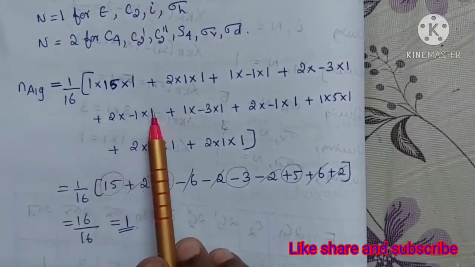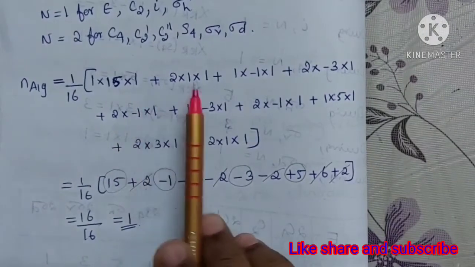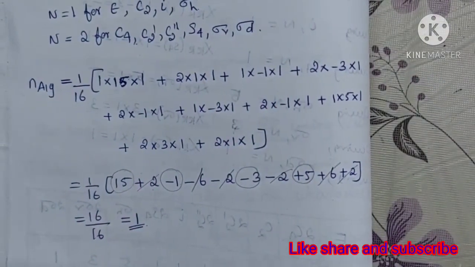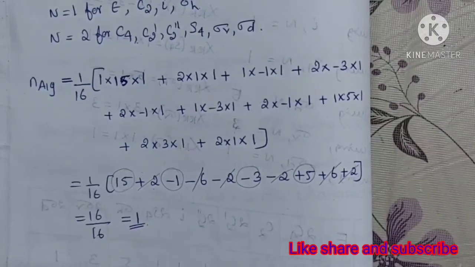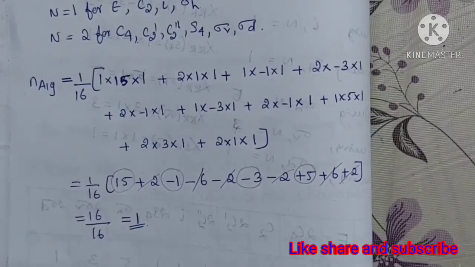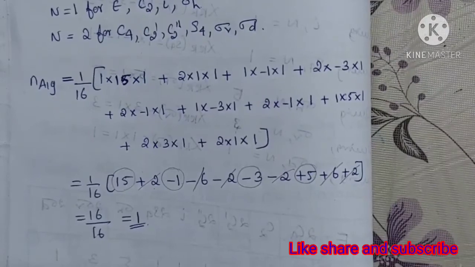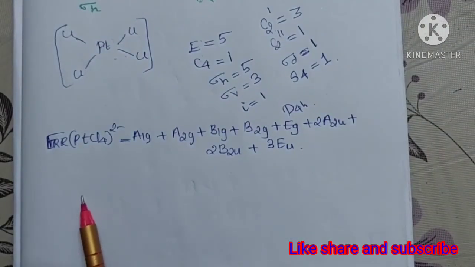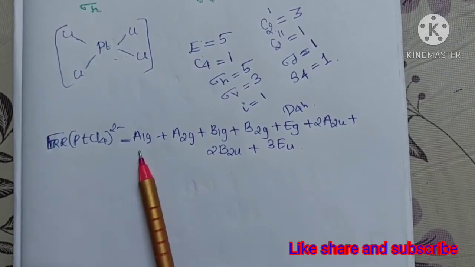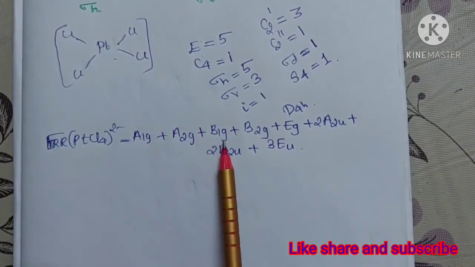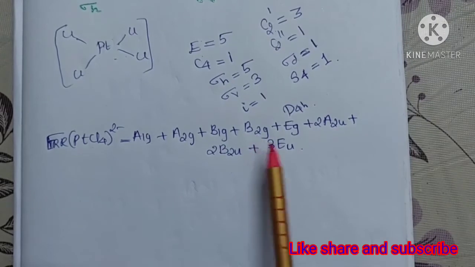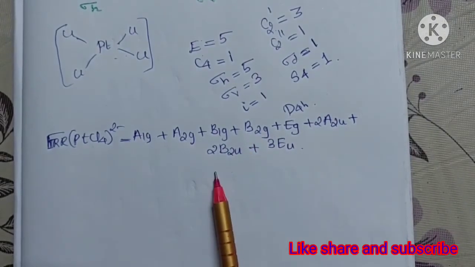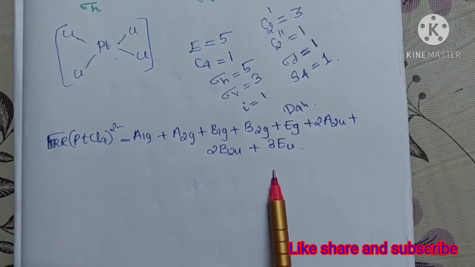We have to write the same way for all the other operations, and also we have to find for all the irreducible representations, that is, how many irreducible representations are present in this particular D4H point group. So finally we get the irreducible representation for platinum chloride as 1 A1G plus 1 A2G plus 1 B1G plus 1 B2G plus 1 EG plus 2 A2U plus 2 B2U and 3 EU.